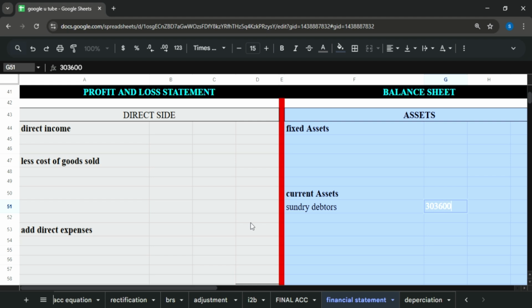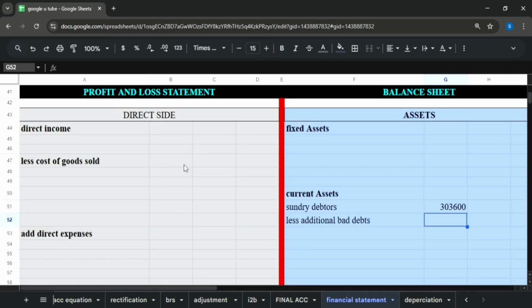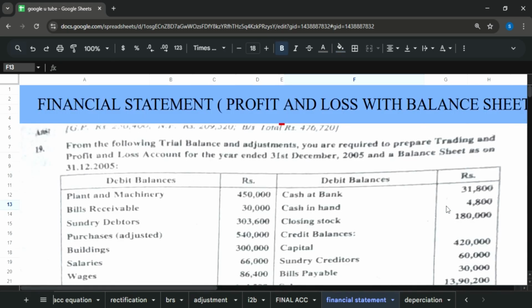Then you need to subtract additional bad debts, which would usually appear in the adjustments, but you can see additional bad debts write-off is not present over here. So you may write 0, after which you will subtract the new provision. And how will you calculate it? Look, there were no additional bad debts, so you will take the original amount of debtors, and now we will see how much reserve is to be created.